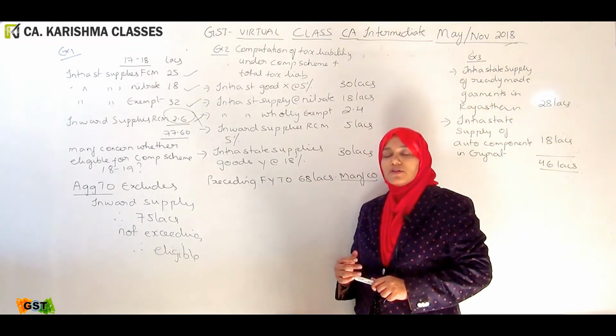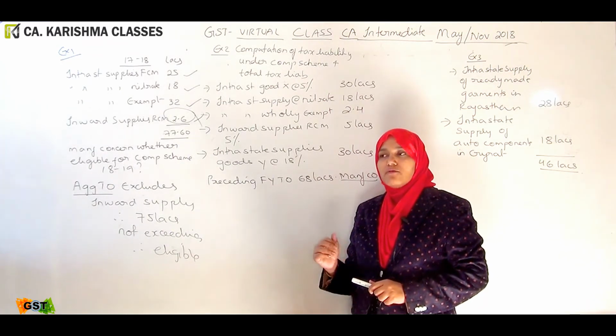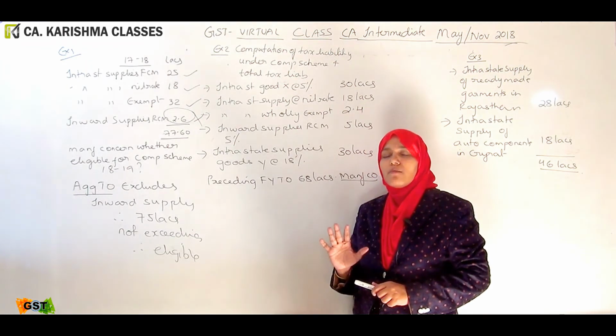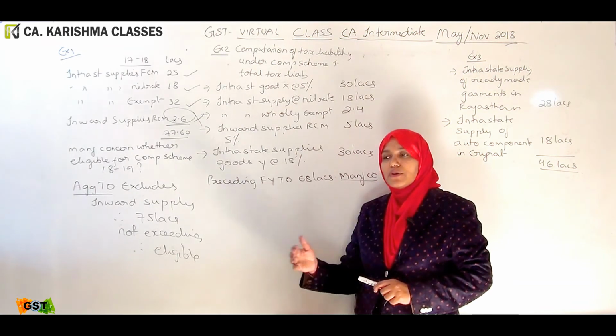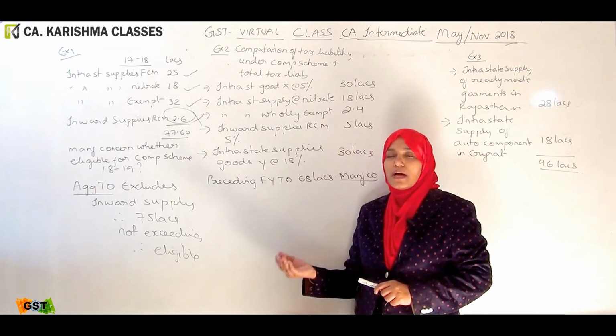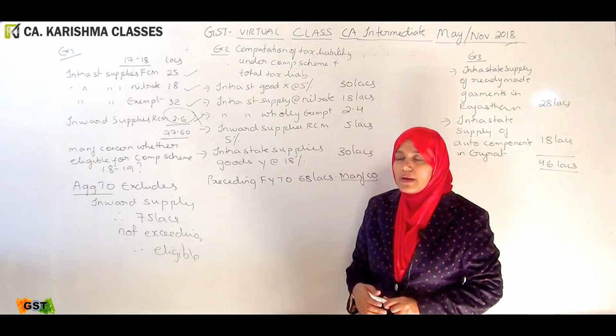Why this is needed? Because we know the rate of tax for a manufacturing concern is 2%, for a trader it is 1%, for a restaurant it is 5%. I am talking about total CGST and SGST. However, recently they have reduced, even the manufacturer is on par with the trader. For manufacturer also 1% rate will apply.